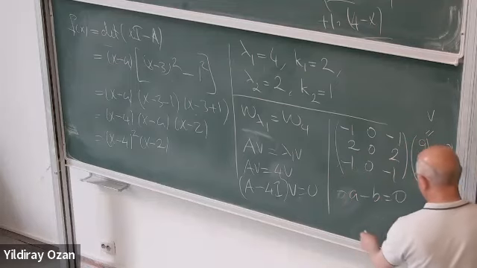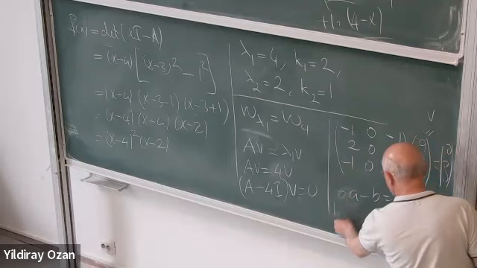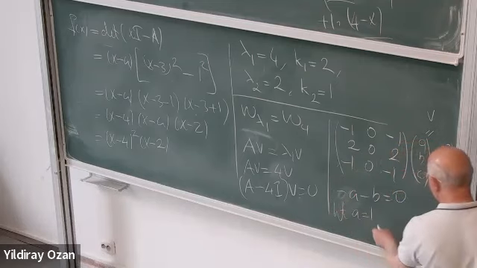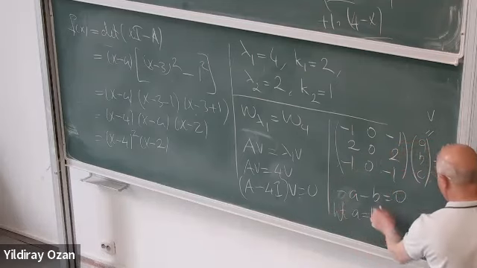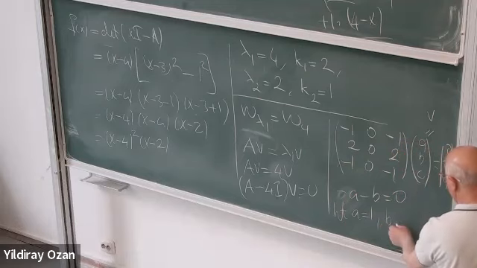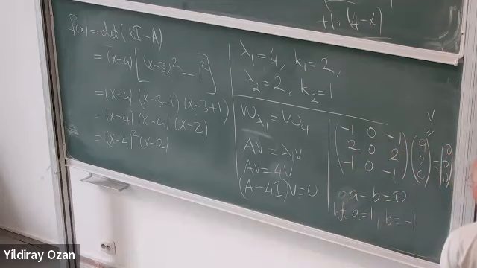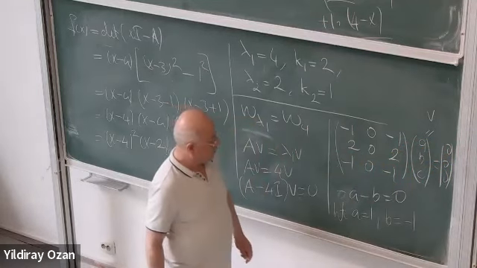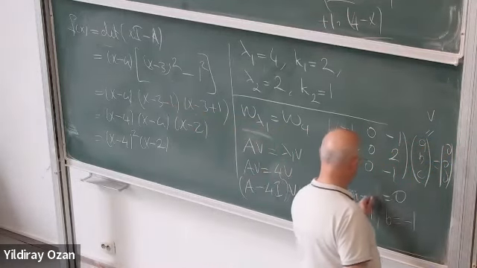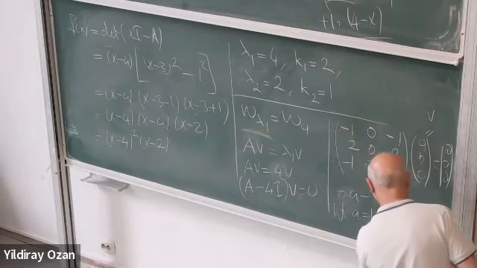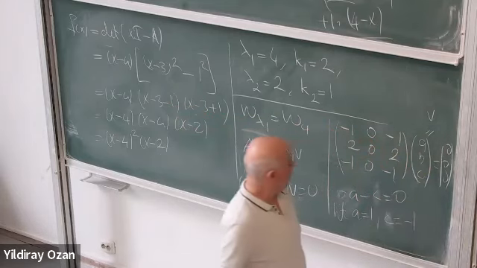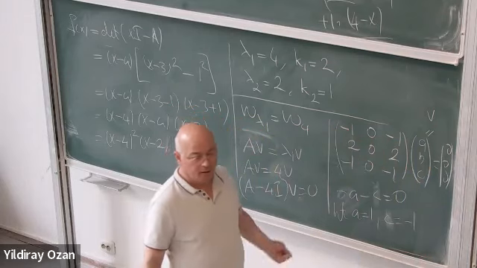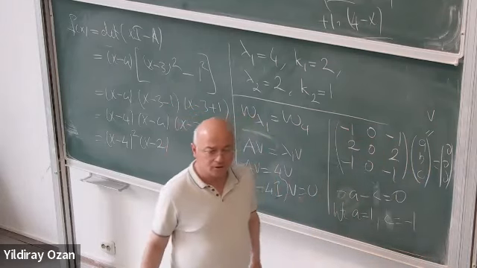And we can solve this as what? Let a equal 1, for example. Then what is c? c is just, of course, minus 1. And b is arbitrary, right?